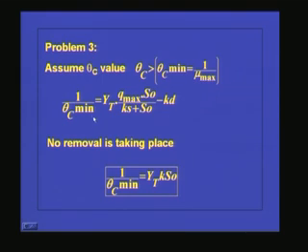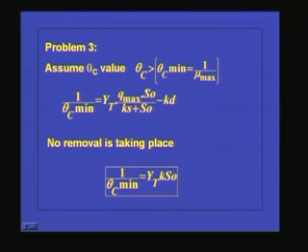which is equal to 1 by mu max, and then we can use this expression: 1 by theta C minimum is equal to Y times Q max S naught by Ks plus S naught, minus Kd. Here, when theta C is equal to theta C minimum, up to that stage no substrate removal is taking place, and once theta C is greater than theta C minimum, only then the substrate removal will take place.